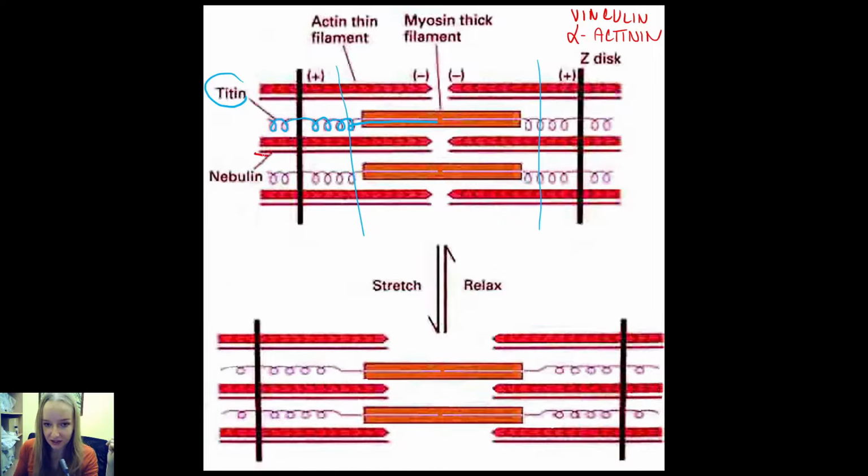It's soluble, so it's not forming well-seen structures, but it's eosinophilic also. So these mitochondria, proteins, and myoglobin, a special protein that binds oxygen in the muscle tissue, are also eosinophilic.